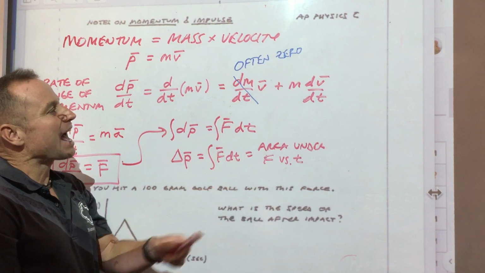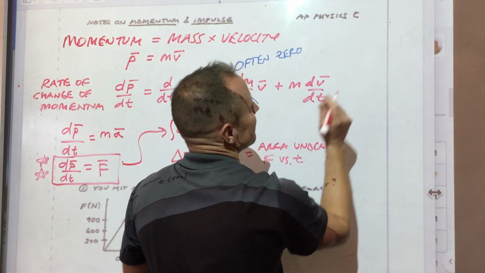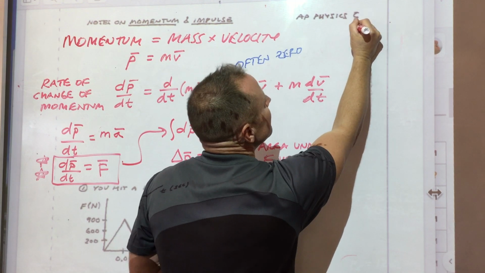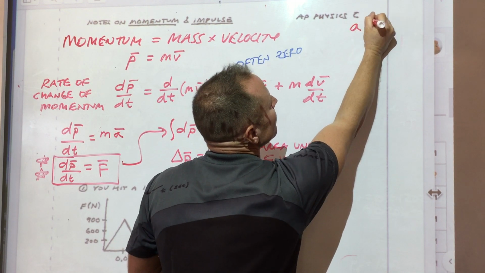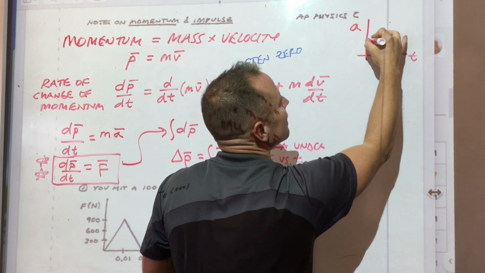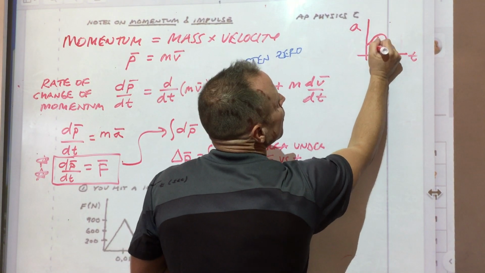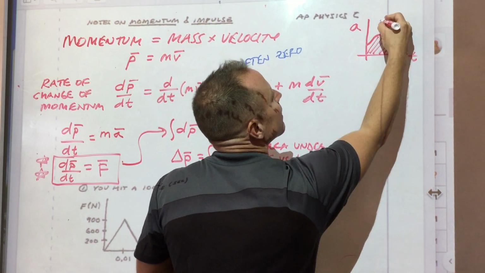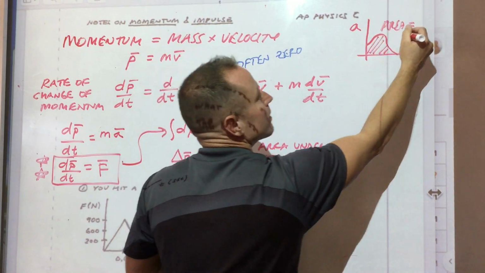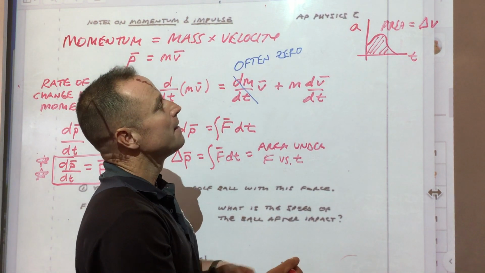By the way, this isn't that new because, as you know, if you have an acceleration against time graph, here's the acceleration of something as a function of time. If you find the area under an acceleration graph, that's going to be your delta v, your change in velocity, right?